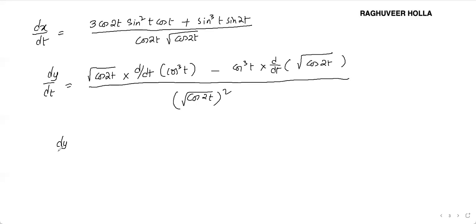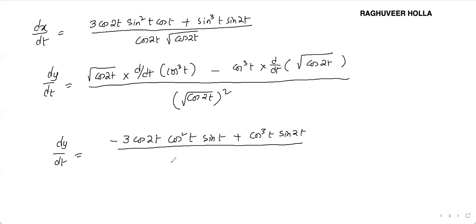Or dy by dt after simplification, we obtain as minus 3 cos 2t cos square t sin t plus cos cube t sin 2t divided by cos 2t square root of cos 2t.